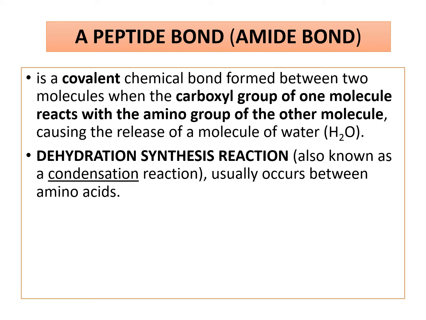So going back to the structure of an amino acid, we have the central carbon atom, the side chain, and one hydrogen atom attached to it. And then we all know that it has an amino group attached to it and a carboxyl group attached to the alpha carbon.